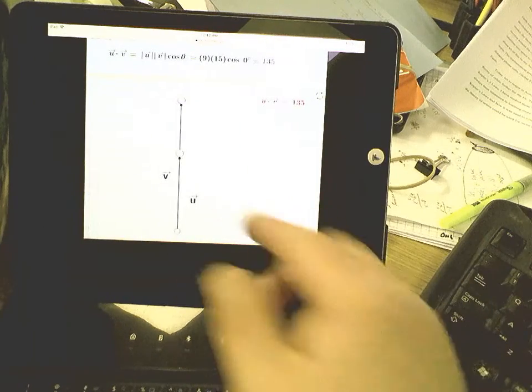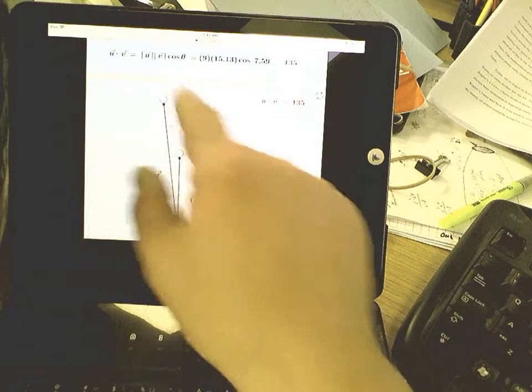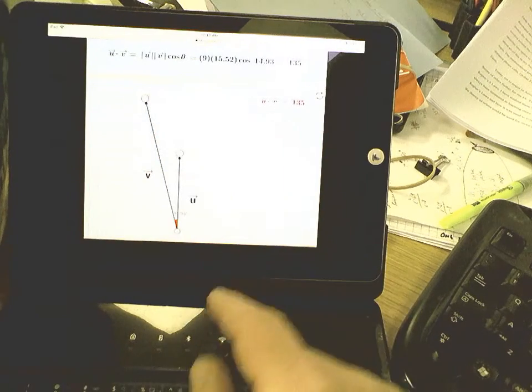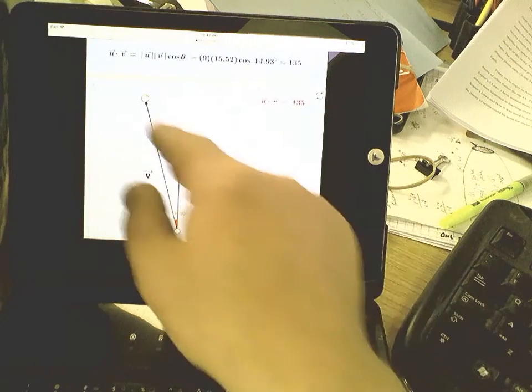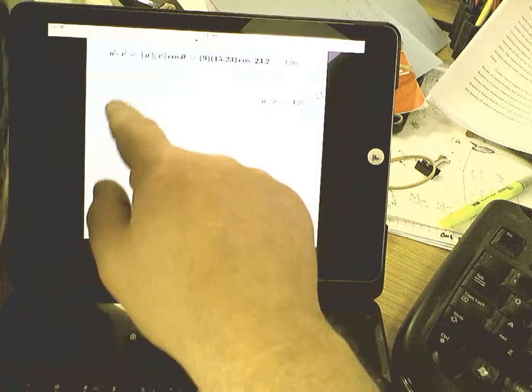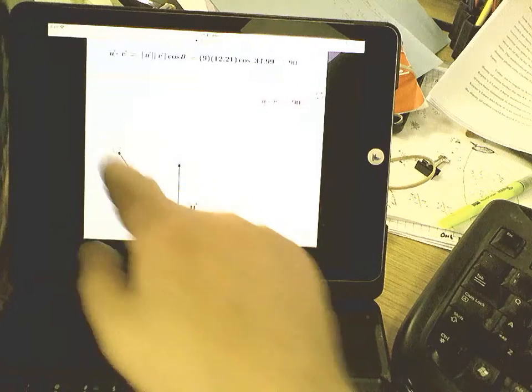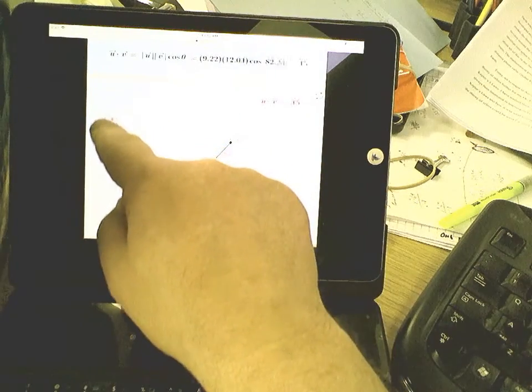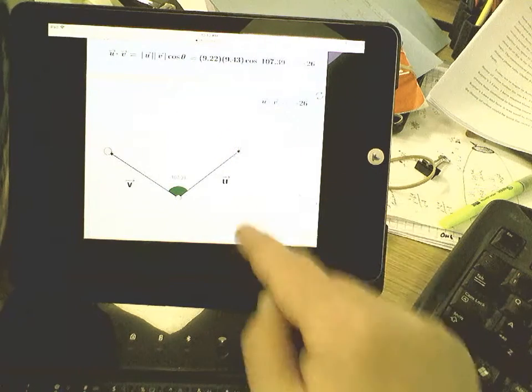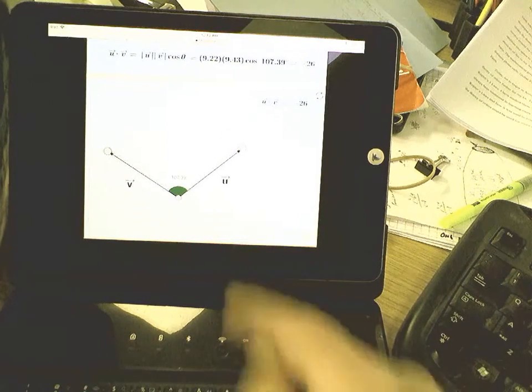Now there's one other thing to talk about. What happens when my angle becomes a negative angle between these two vectors now? And what will we start to see? Over time, watch what I do. I'm going to make the angle between them, look, it's no longer parallel, it's obtuse.